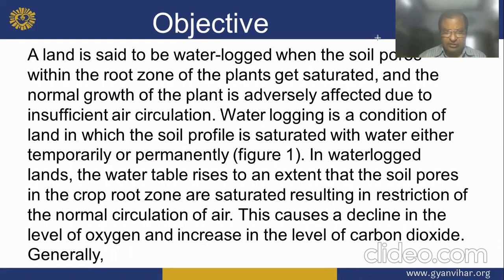In waterlogged land, the water table is raised to an extent that the soil pores in the crop root zone are saturated, resulting in the restriction of the normal circulation of air.